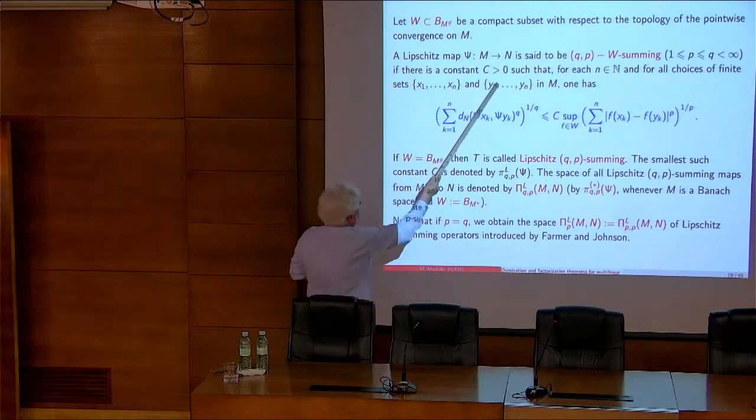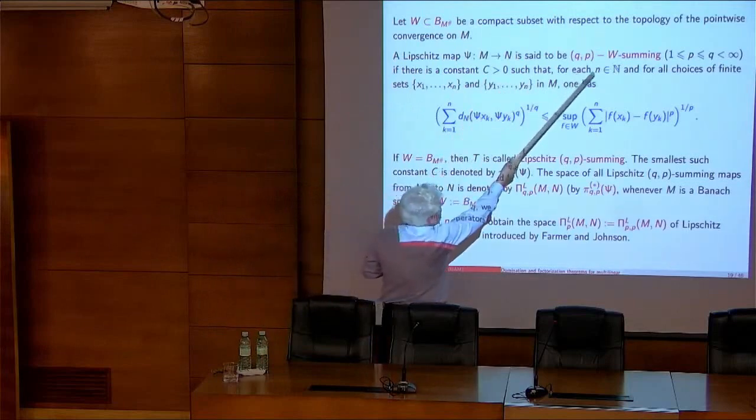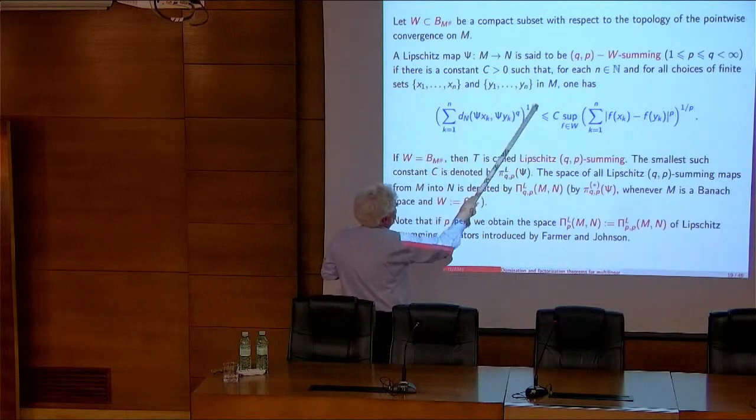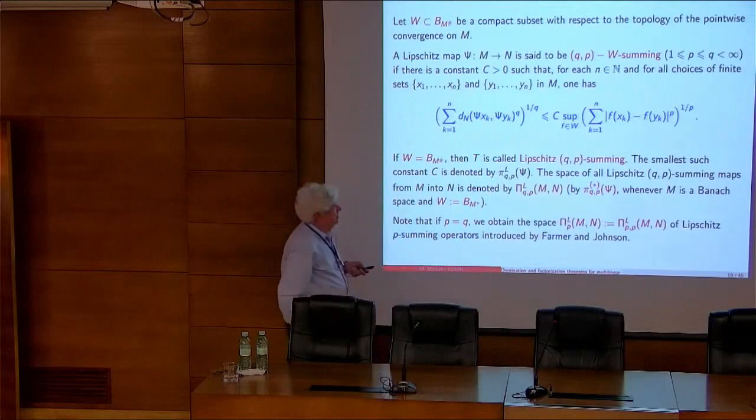We have a Lipschitz map, and we say that this is PQV summing whenever there is a constant such that for each n and for any choice of elements, we have this inequality.